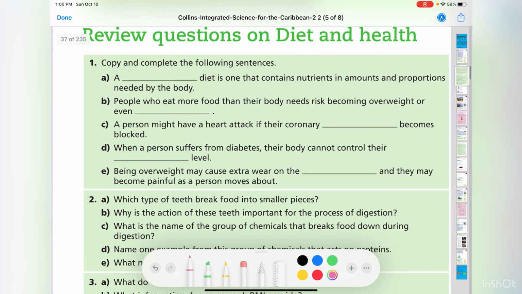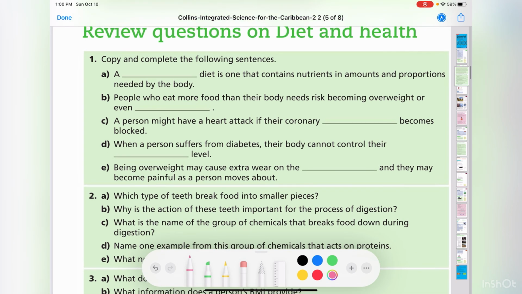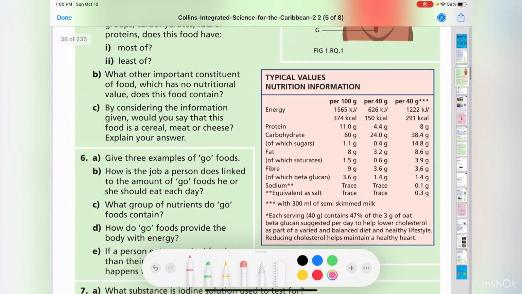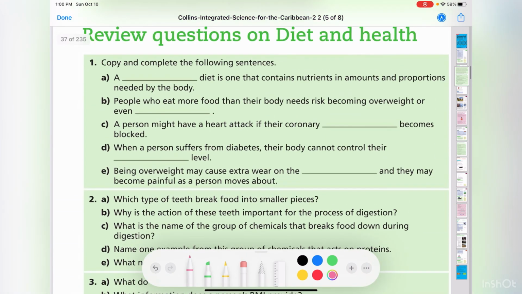You can also try to complete these questions. Alright, so what I would like you all to do, you are going to answer for me during the rest of the session. You are going to do question 1.